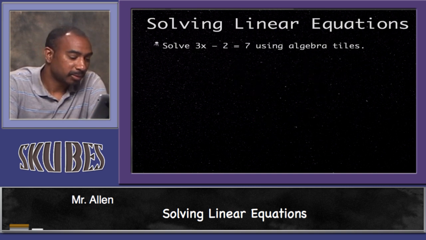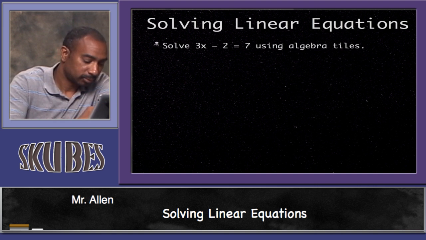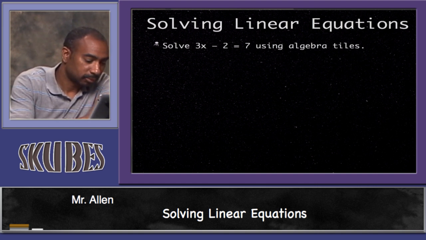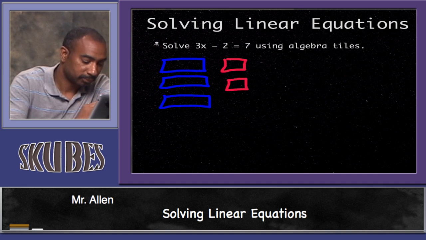All right, solve 3x minus 2 equals 7 using algebra tiles. I have 3 x's, three positive x's. And I have 2 negative 1's, so I'll put these here.